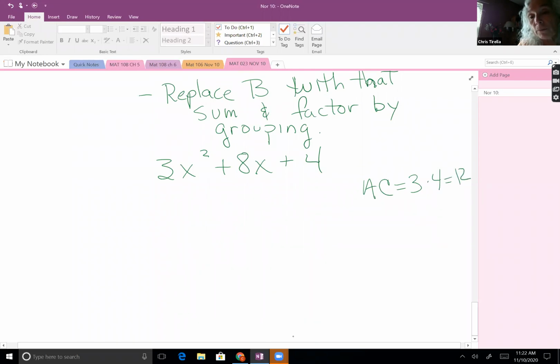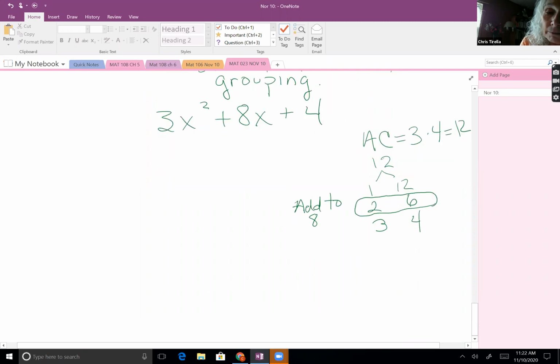So now I want to look at factors of 12. 12 could be 1 times 12, could be 2 times 6, could be 3 times 4. I'm going to pick the ones that add to the middle term. So I'm going to pick the ones that add to 8. So instead of having 8x, we're going to replace the 8x with 2x plus 6x.